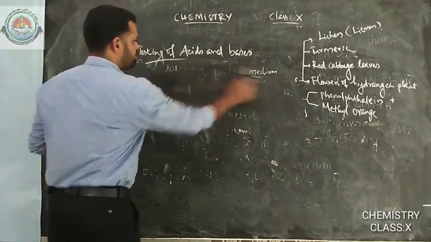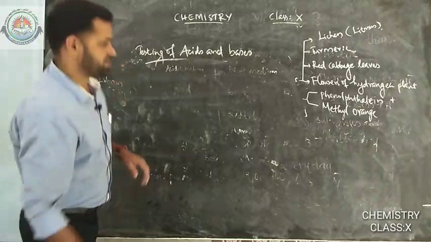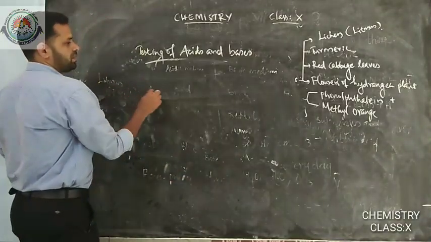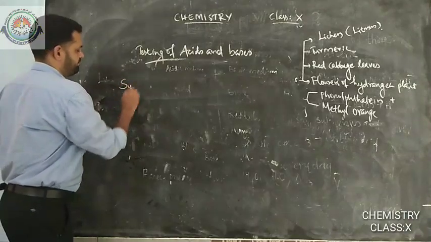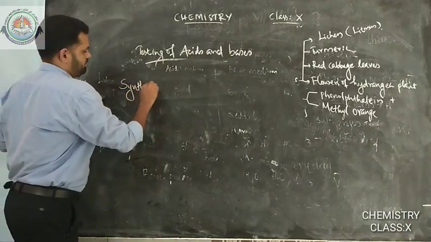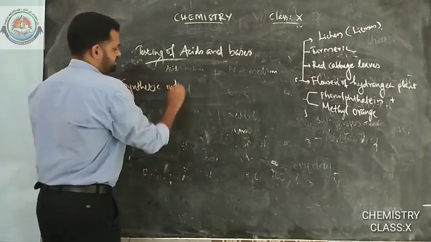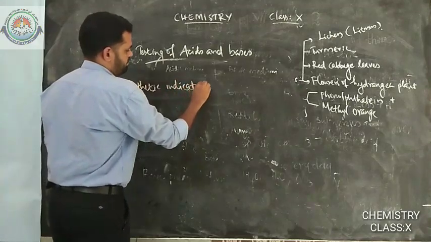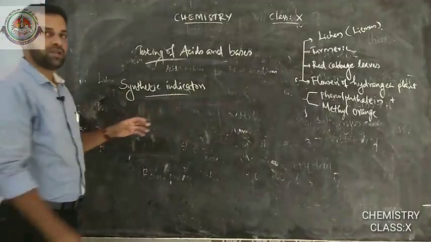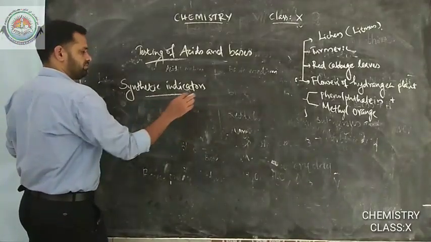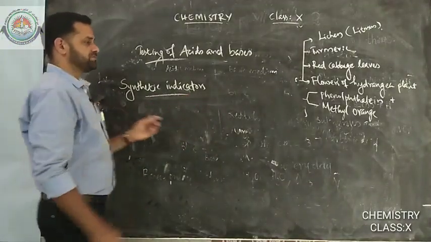And one more small topic, that is synthetic indicators. There are two synthetic indicators we mainly use, phenolphthalein and methyl orange.